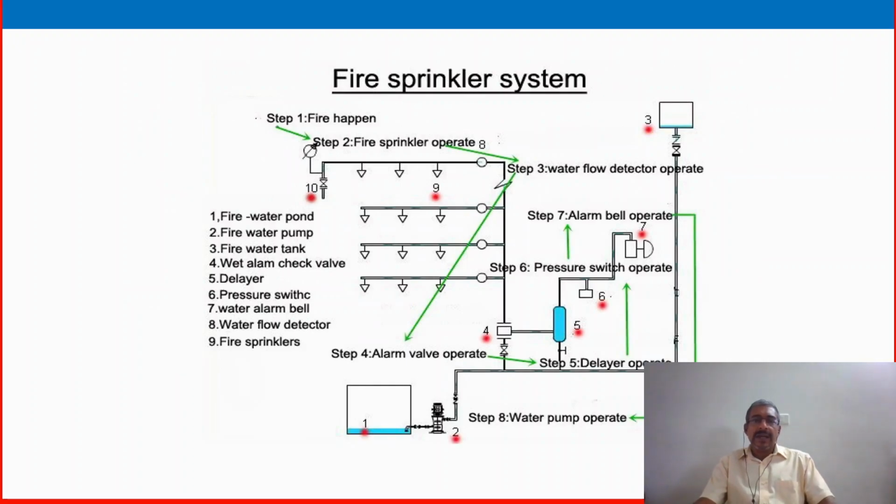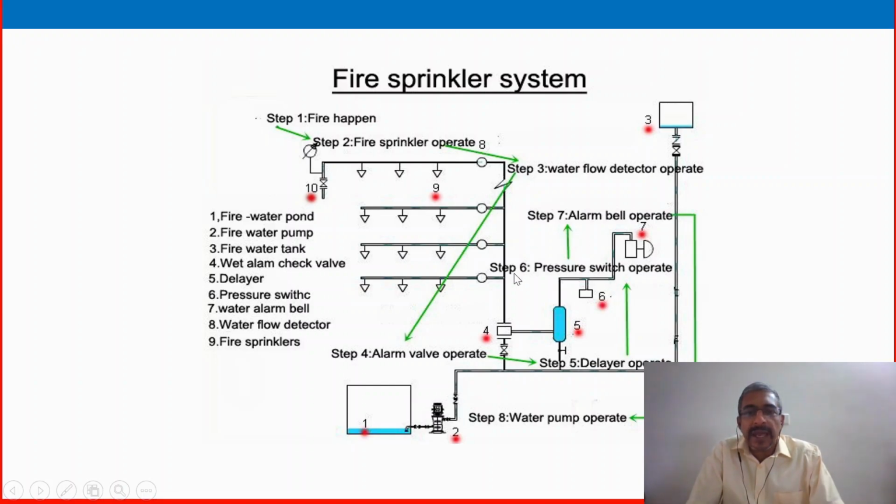So, here is a schematic representation of a fire sprinkler system. The fire happens here. Step 1 is here, the water tank. Step 2 is the water operating pump. Then step 3, a water flow detector operates, step 4, the alarm valve operates, step 5, the delay operates, then 6, 7.